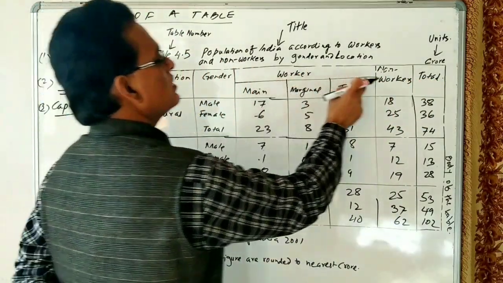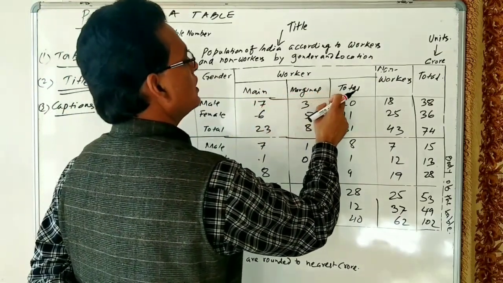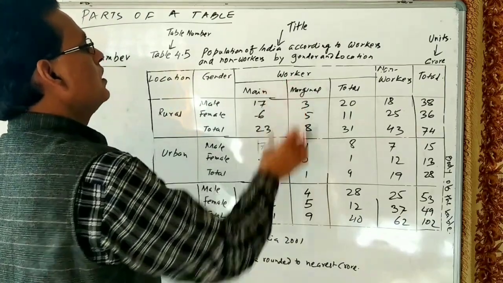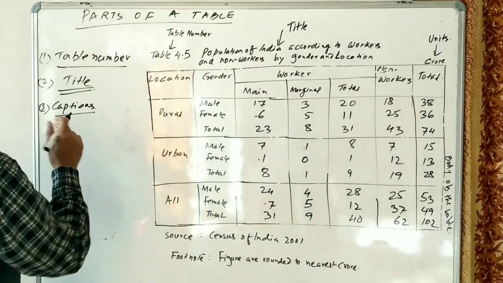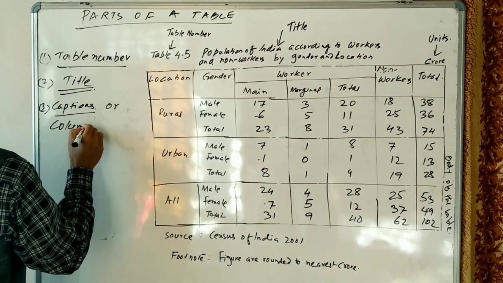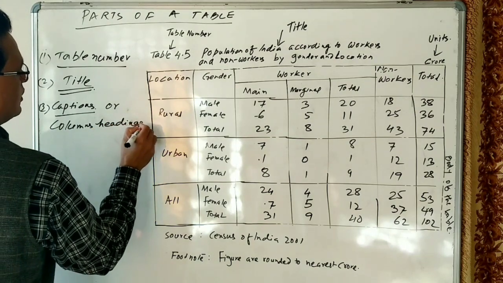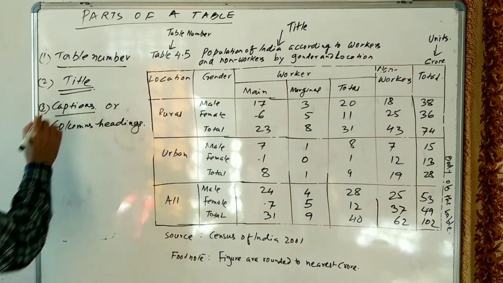This workers, non-workers and total, this is main, marginal and total, this non-workers and total. So this is called column headings. This is called the caption. Caption is also known as column headings. So column headings, this is also an important part.